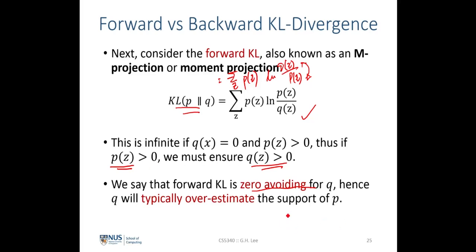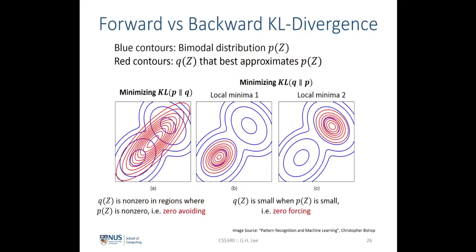Hence the term 0 avoiding, and we will see an example that this is going to typically overestimate the support of P.